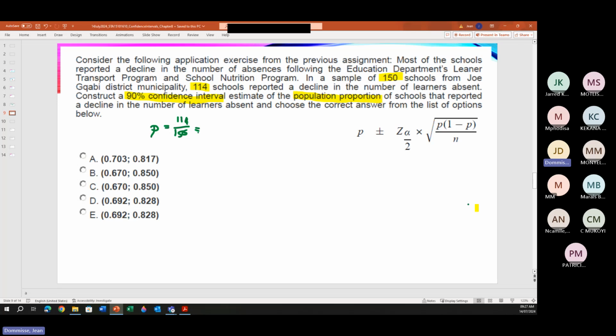I don't want to work with fractions. Okay, so that is 0.76. So that number is going to be 0.76.